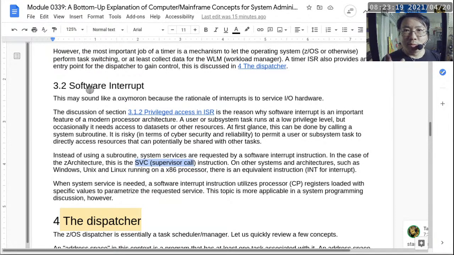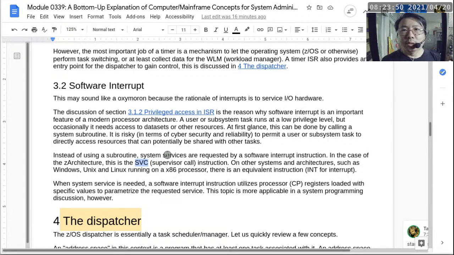In other words, when we refer to it as the int instruction in the context of x86, the Intel architecture, they are naming the instruction after the mechanism itself, which is a software interrupt. But when IBM names their equivalent instruction for the Z architecture and calls it the SVC instruction, they are naming the instruction after its purpose. What is it used for, which is a supervisor call.